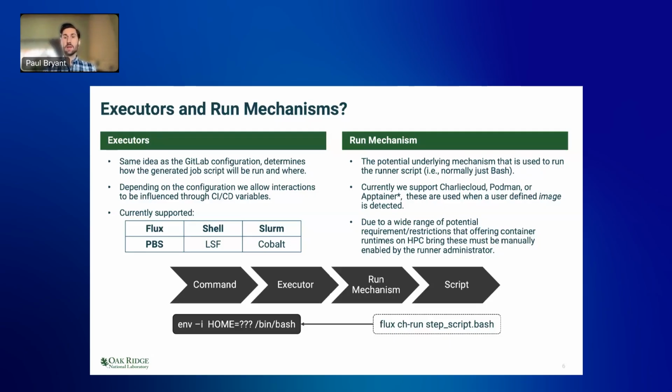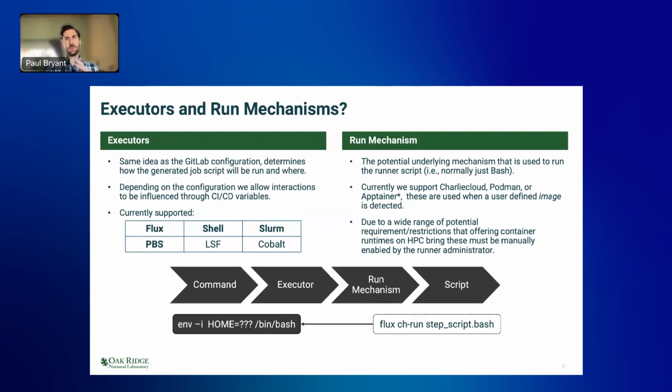And then the run mechanism, which is how we run the bash script within the executor. Traditionally, that is just bash, that is just your shell. One important note before I get to that: the GitLab runner will always generate bash scripts. There is no other option there. So you have to be okay with the GitLab generated job scripts being bash.